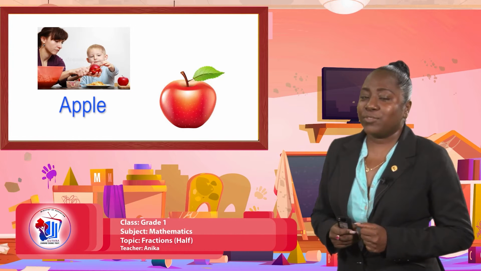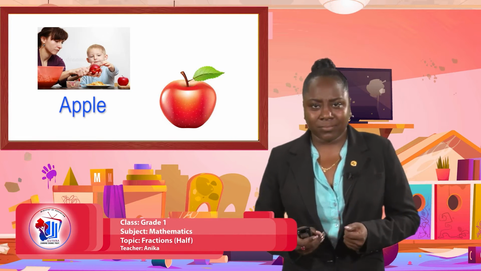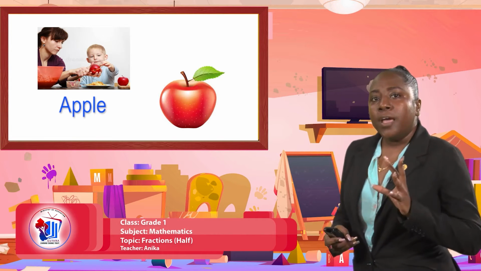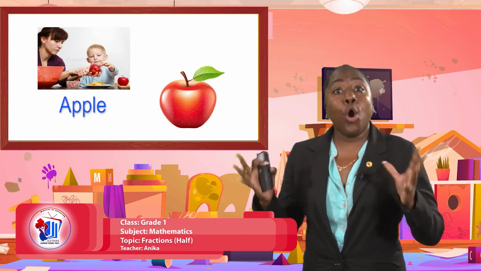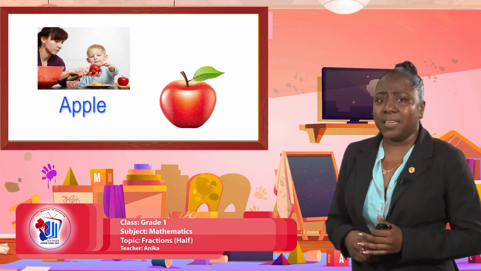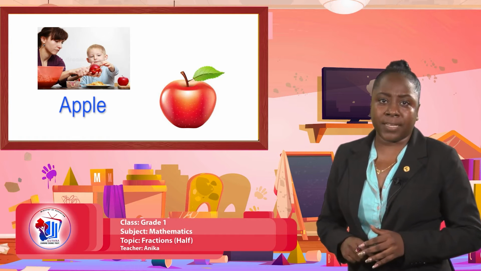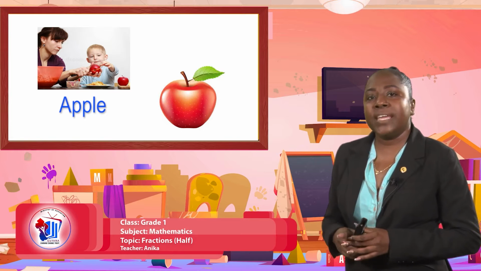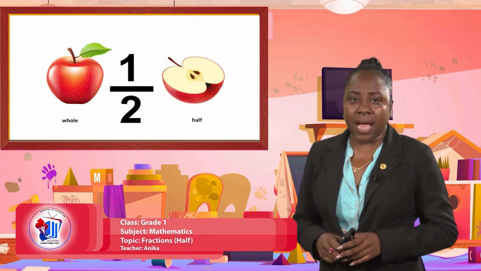Look on the screen. You should be seeing an apple. I like apples. Do you? This apple is a whole apple. Now, let's pretend that Timothy wants this apple for breakfast. His mom is going to cut it in half so he can eat 1/2 of the apple.